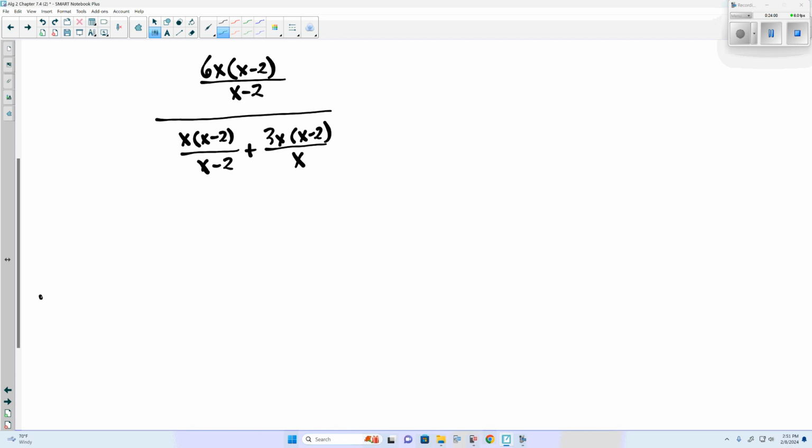Now, what simplifies out? On top we have x minus 2 and x minus 2, which does leave us with 6x. In the denominator, x minus 2 and x minus 2 leaving us with x, plus 3 times x minus 2.